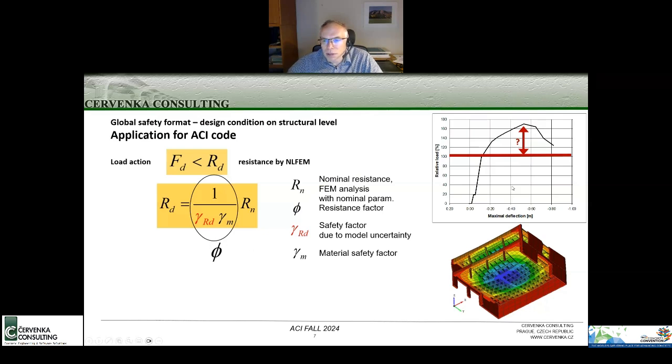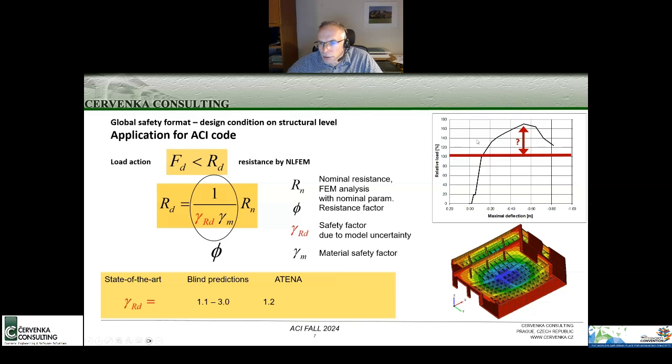So with this process, one can always load the structure up to failure and use this resistance factor, calculated from the model uncertainty, material and geometric uncertainty, to come up with the design strength of your structure.